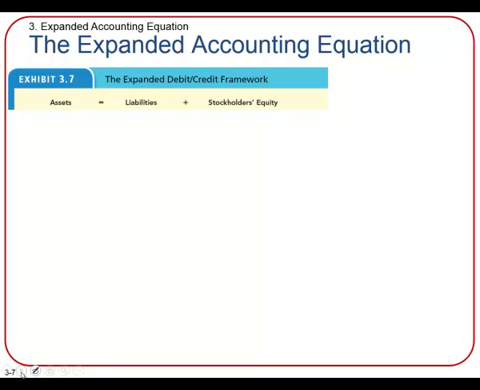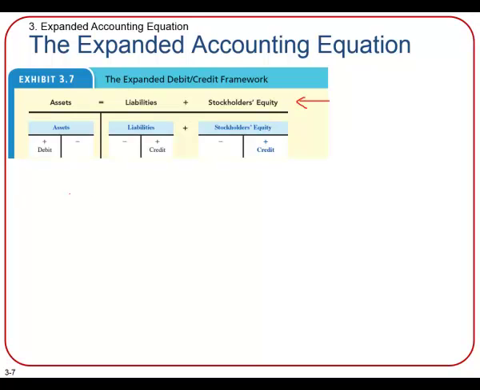Now remember the basic accounting equation from Chapter 2. That is, assets equal liabilities plus stockholders' equity. And remember those debits and credits that we talked about last chapter. All asset accounts increase on the left, or the debit side, and then they decrease on the right, or the credit side.